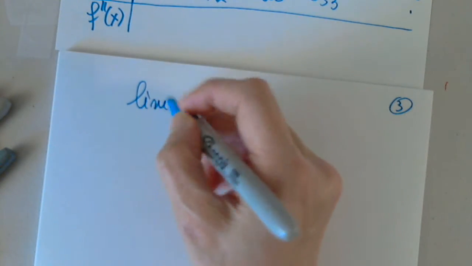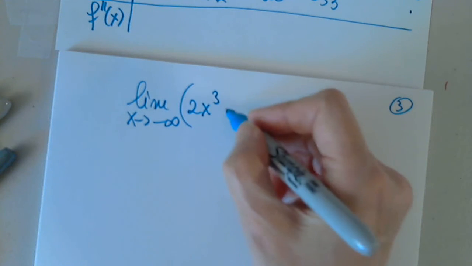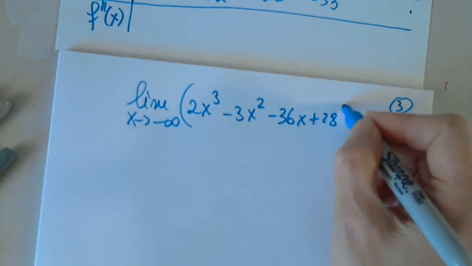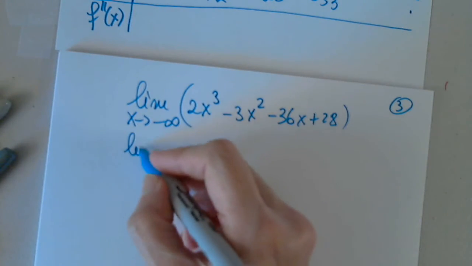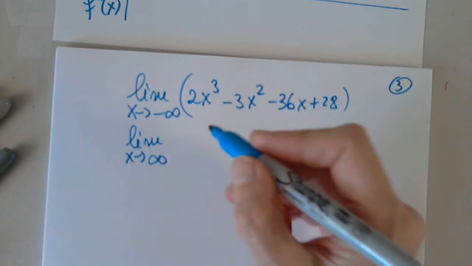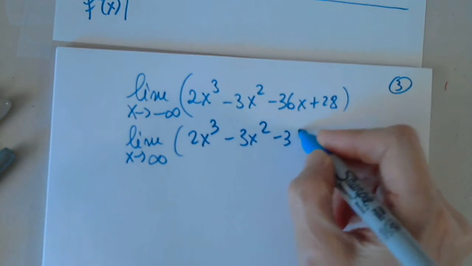Limit as x approaches negative infinity of 2x cubed minus 3x squared minus 36x plus 28. And the same thing for the limit as x approaches infinity of 2x cubed minus 3x squared minus 36x plus 28.